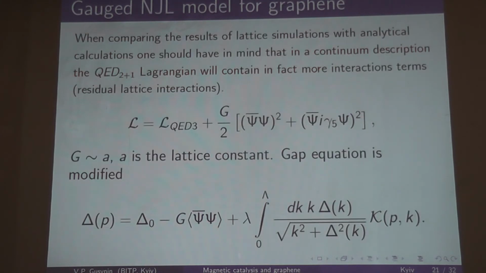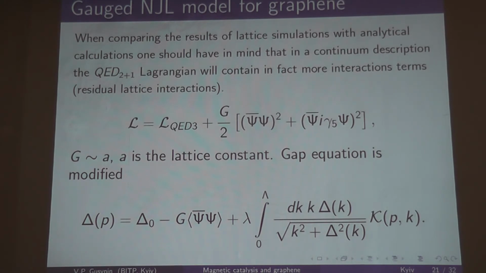So this model for graphene can be generalized to include some four fermion couplings. It can be called the Gusynin-Miransky-Sharapov-Shovkovy model for graphene.